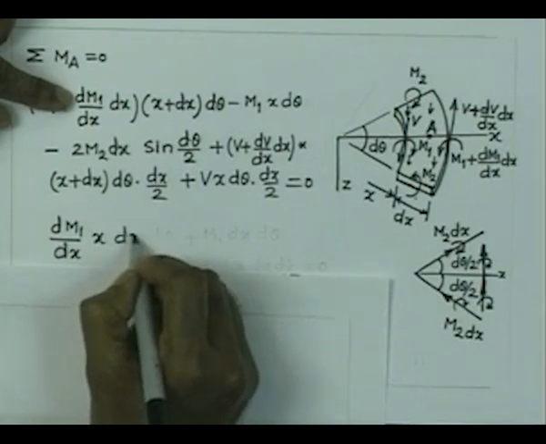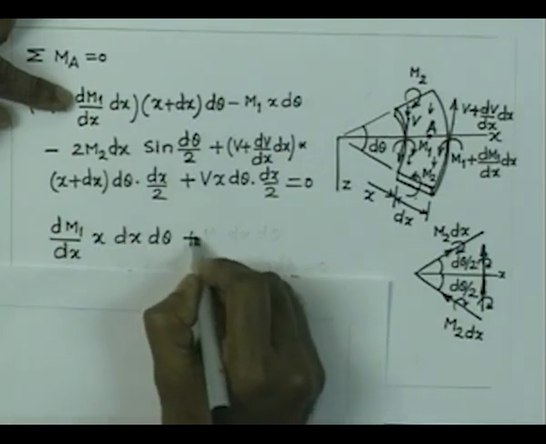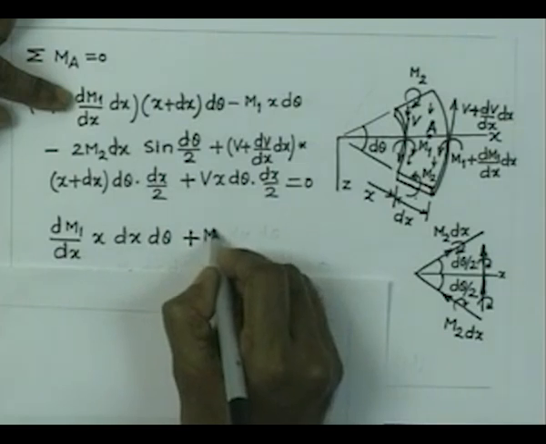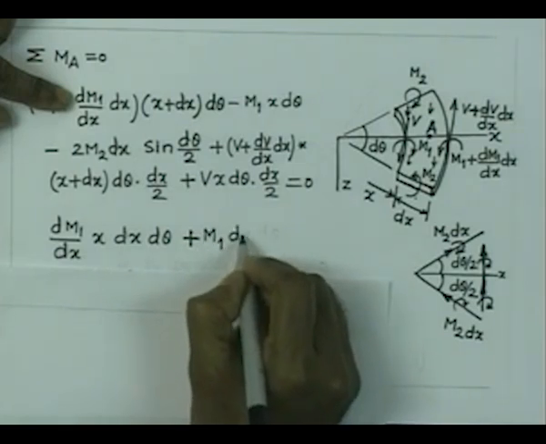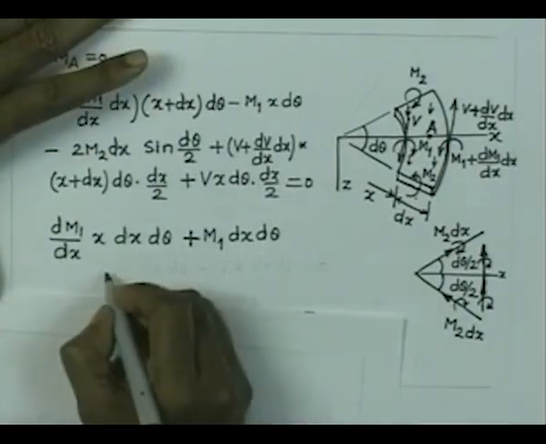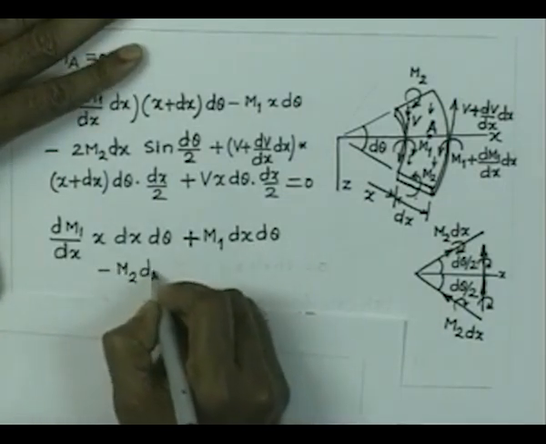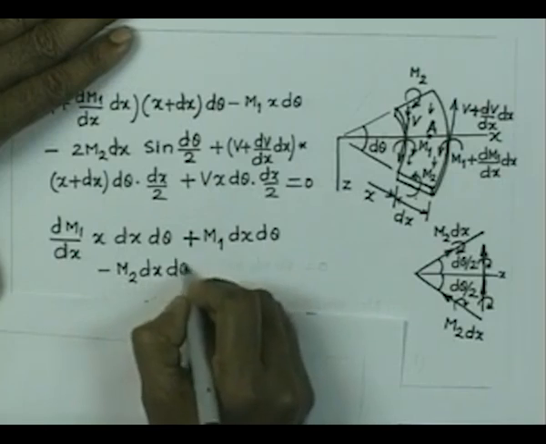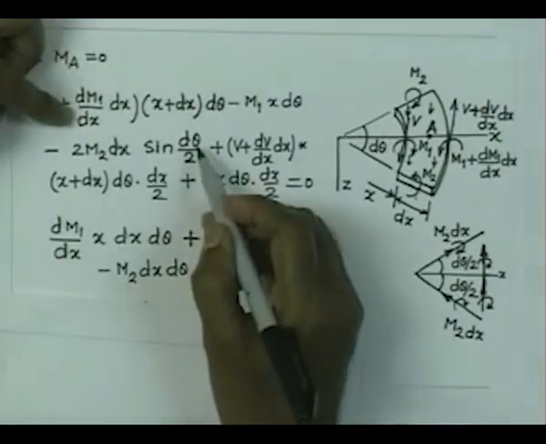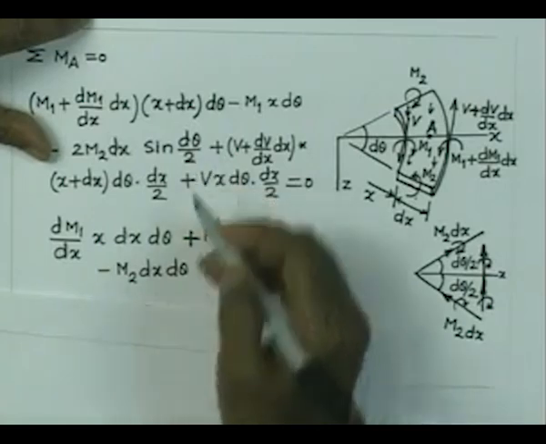x dx d theta plus m1 dx d theta minus m2 dx d theta. We write this thing approximately equal to d theta by 2.